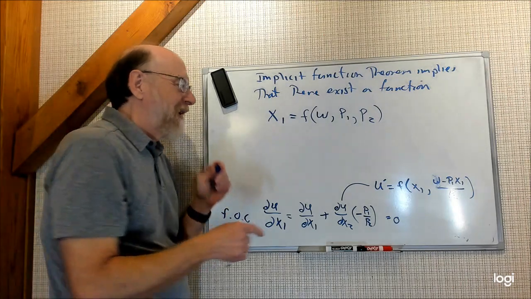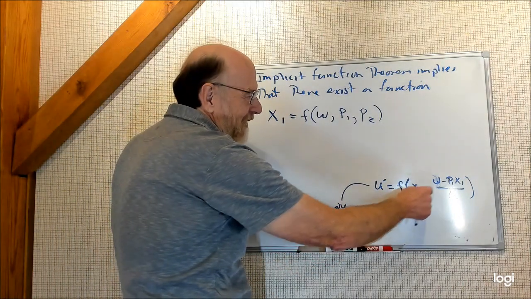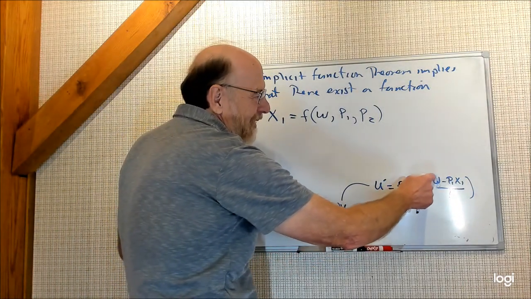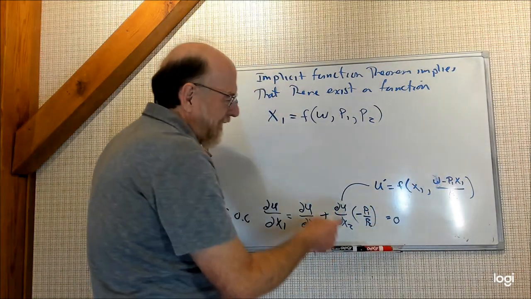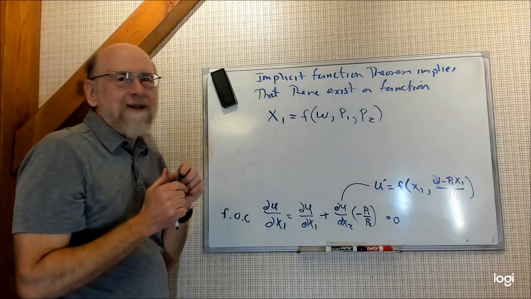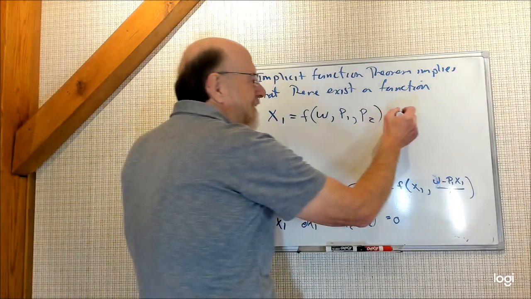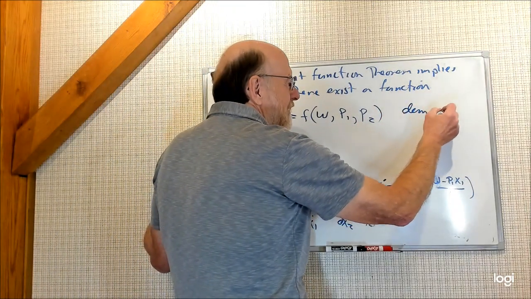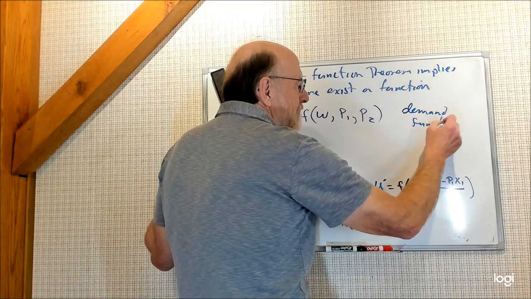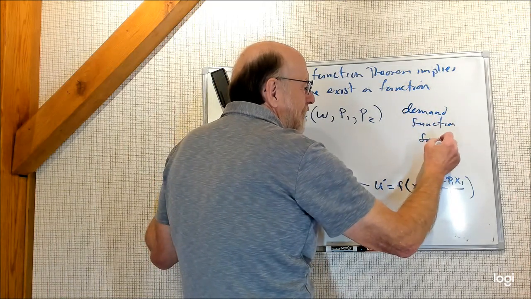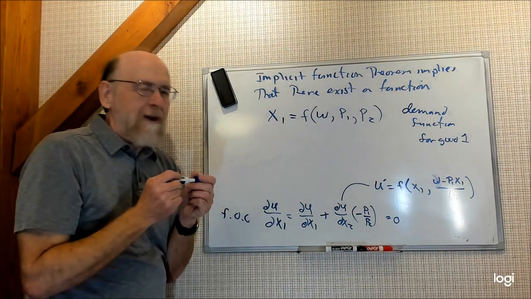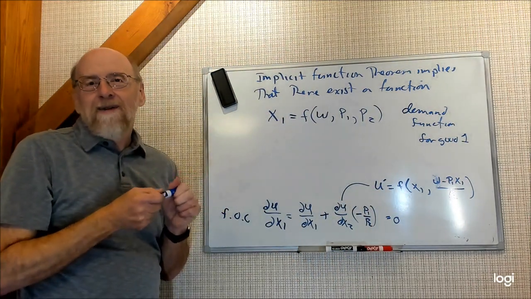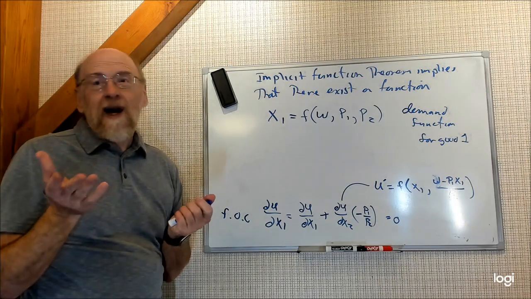So if you look at this, here's an x1. That's a control variable. Parameters are w, p1, p2. And those are what show up over here in the implicit function rule. And this is the demand function for good 1. Now notice that to derive the demand function in this way is 2 lines.